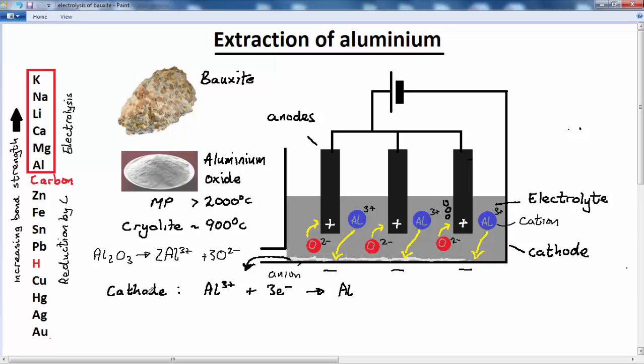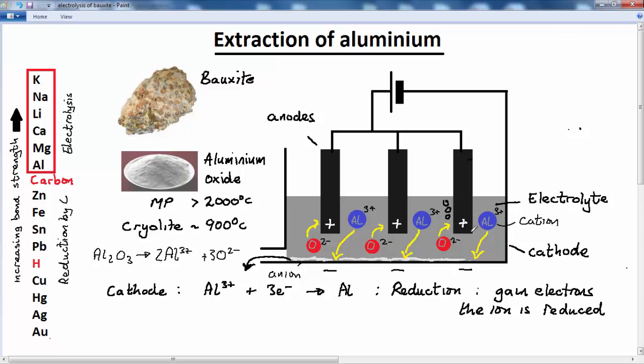Now this process which is taking place is known as reduction. Reduction is where an ion picks up or gains electrons, and we say that the ion is being reduced.